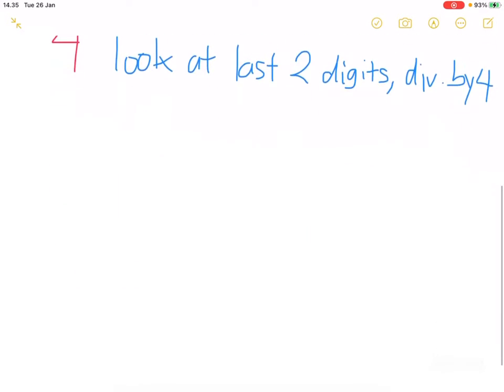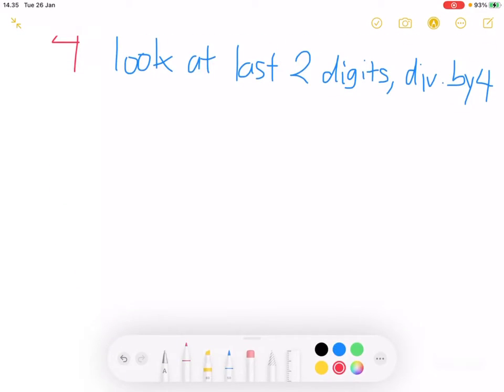Okay, next we're going to look at 5. 5 is a pretty easy one because you need to look at the ones digit, or the last digit, and see if it's either 0 or 5.